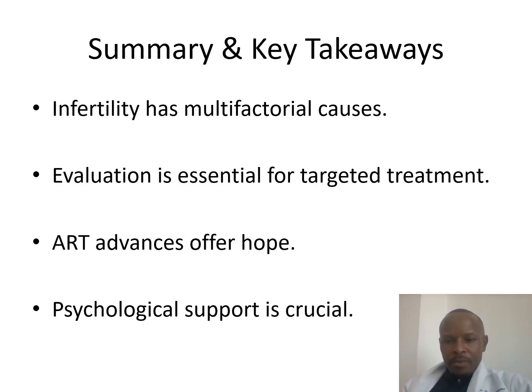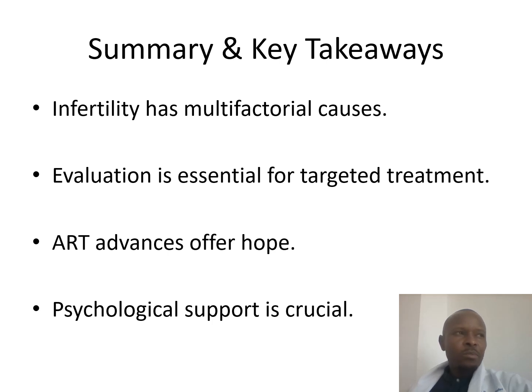So the takeaway I want you to have is that infertility has many causes, and you need to be very clear when you are doing your investigations on what you are looking for and whether you have the capability to handle what you are looking for. Make the right diagnosis, offer the right option.